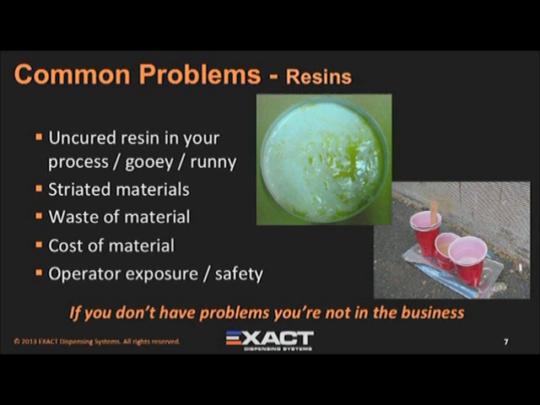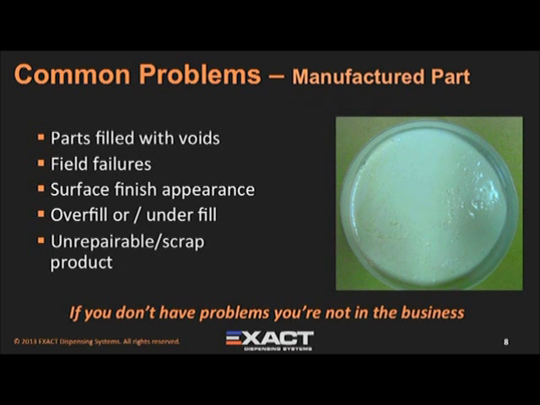Are you wasting material and time by working with unworkable processes such as the cup and stick meter mix method? How important is material cost on your component cost? And are you exposing your operators and your factory to any unsafe operating conditions? These are all important questions to ask and to get answered.